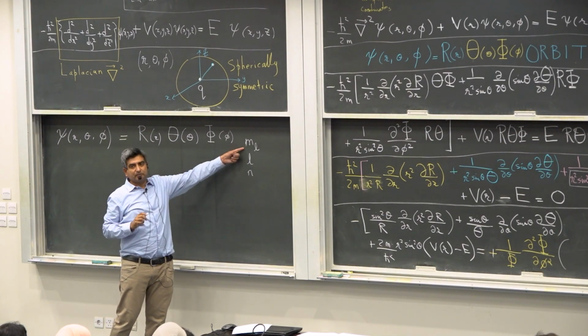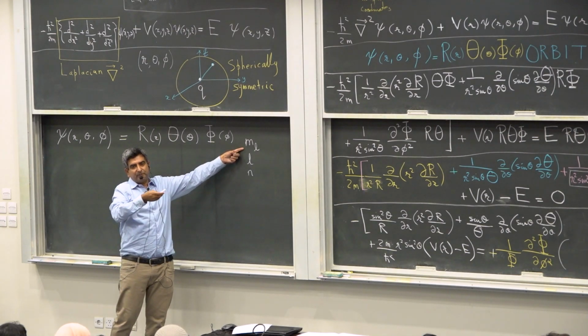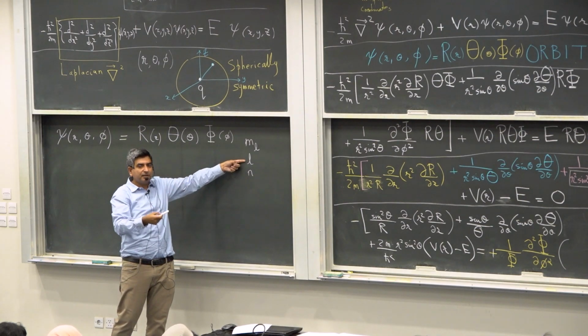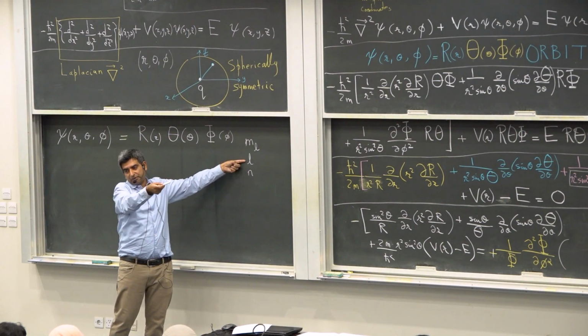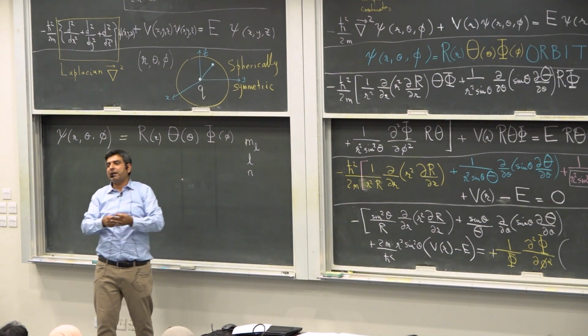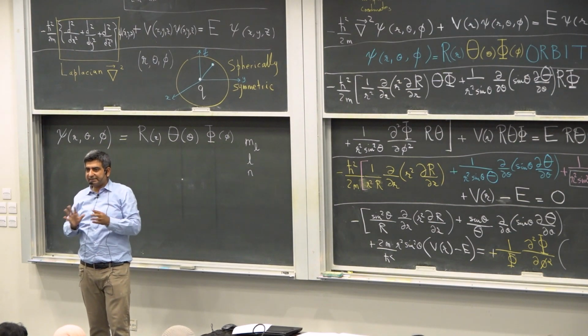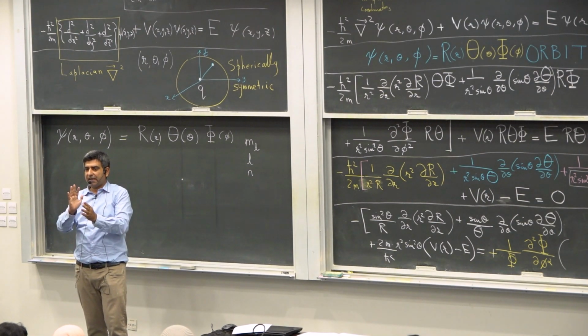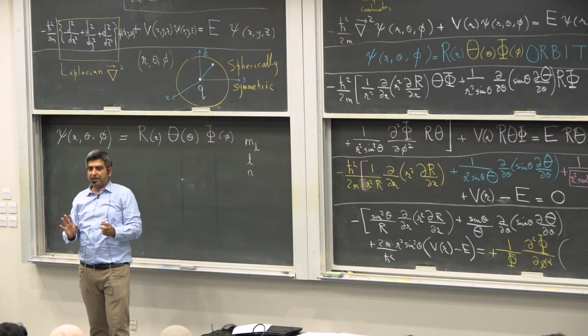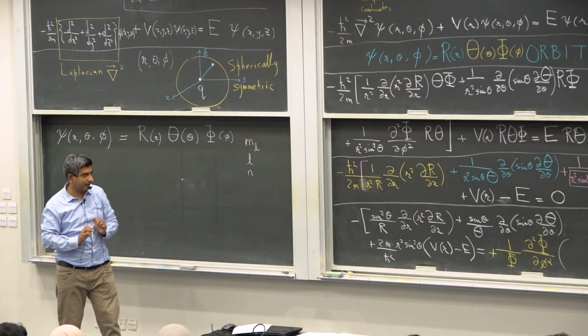We've seen ml because we've explicitly done a derivation. When you solve for the radial part, this L pops out, and L and ml cannot be arbitrary. There is some relationship between ml and L, and the relationship is the following.